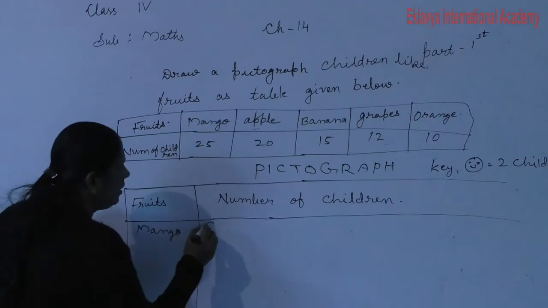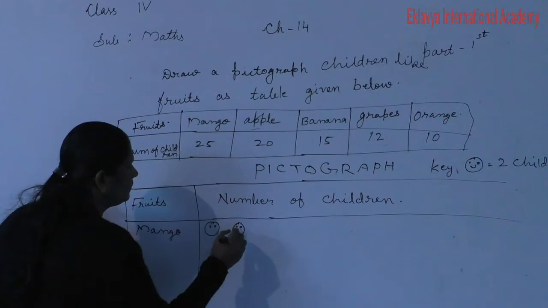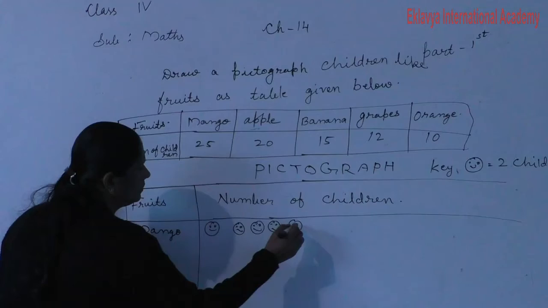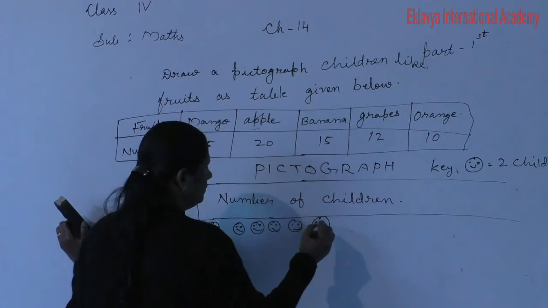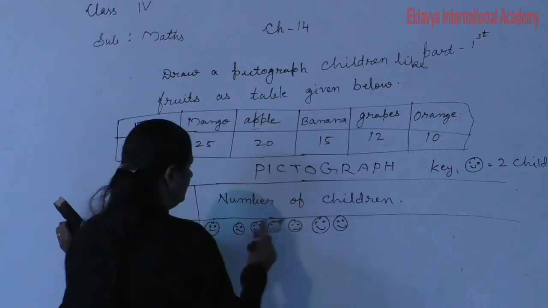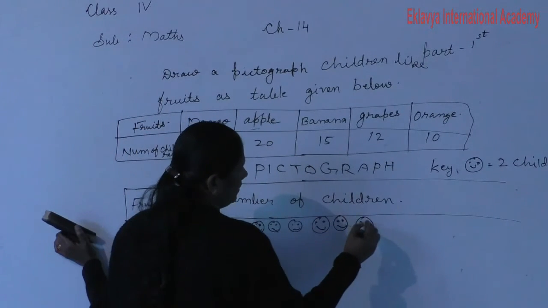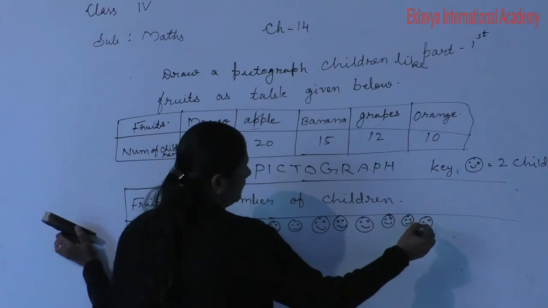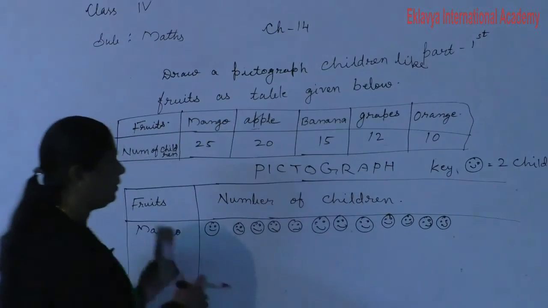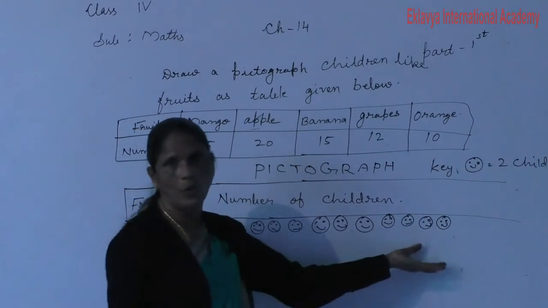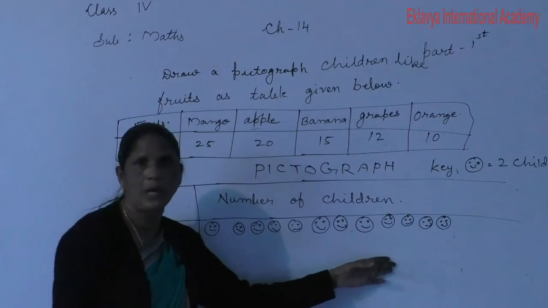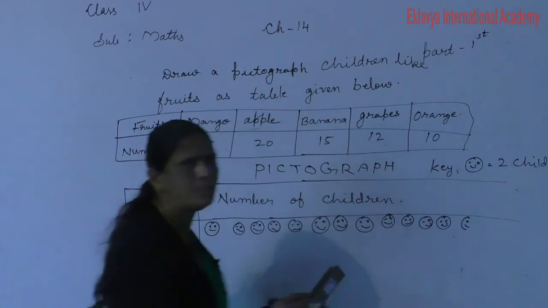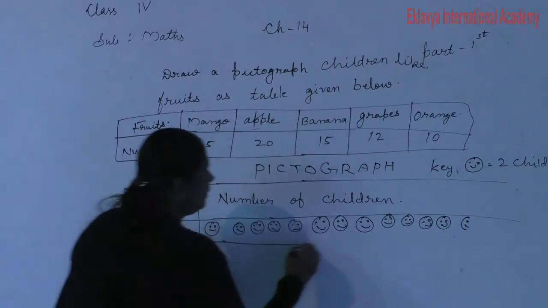You draw 12 smiling faces, and then 24. Our question is 25, so one half smiling face is drawn. Then close the line.